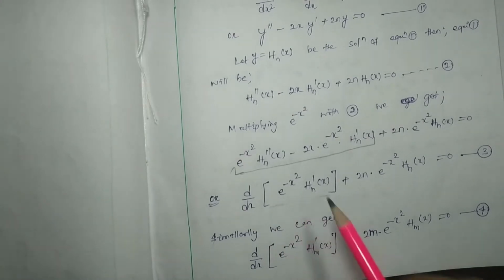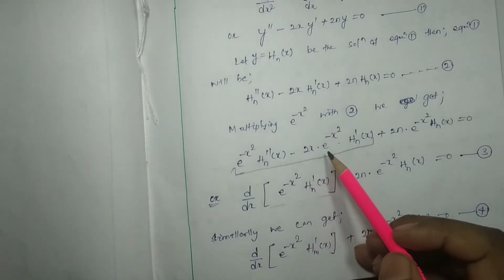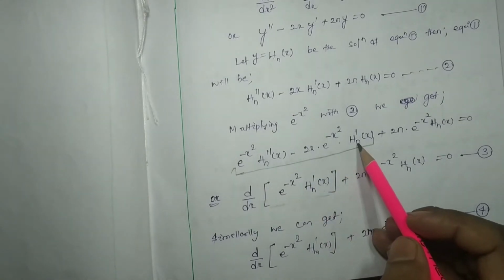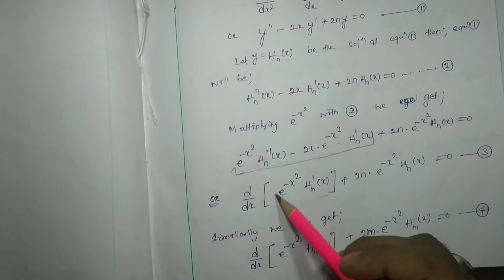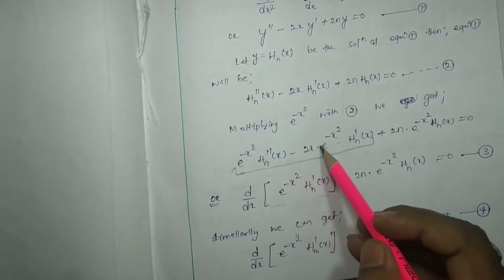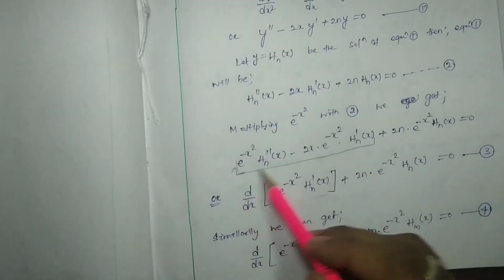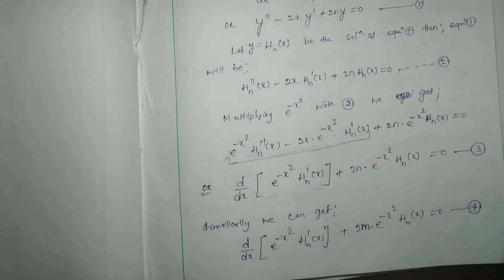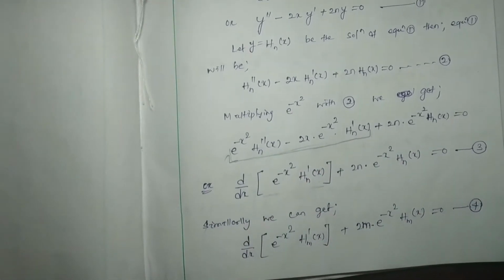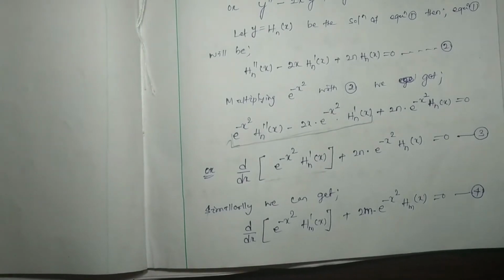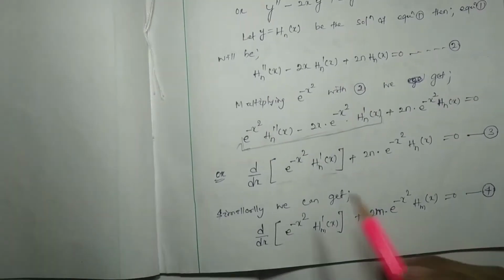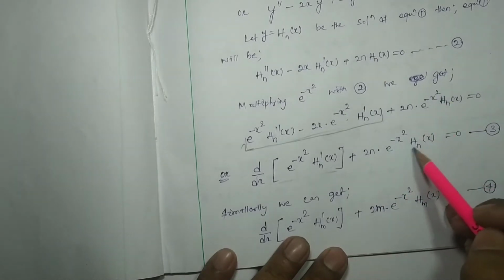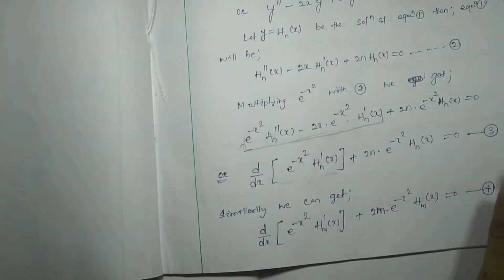Then if we consider this as the first function, it will be Hn'(x), and the derivative of this one will be nothing but −2x e^(−x²). So these two can be written in the form d/dx of e^(−x²) Hn'(x) plus 2n e^(−x²) Hn(x) = 0. Let it be equation number 3.